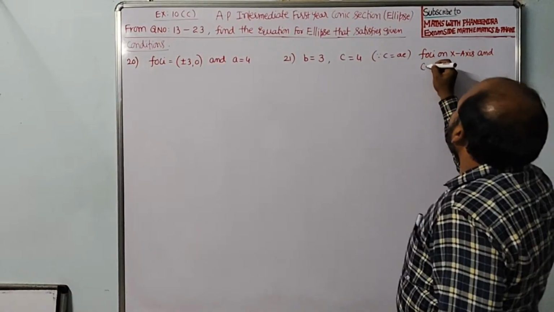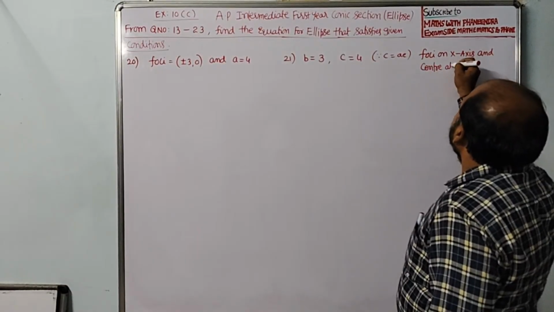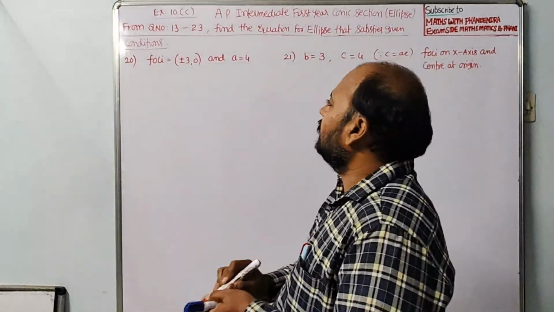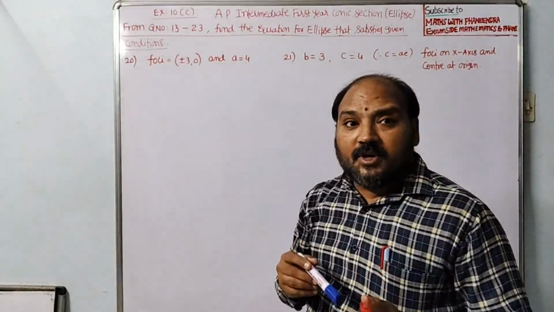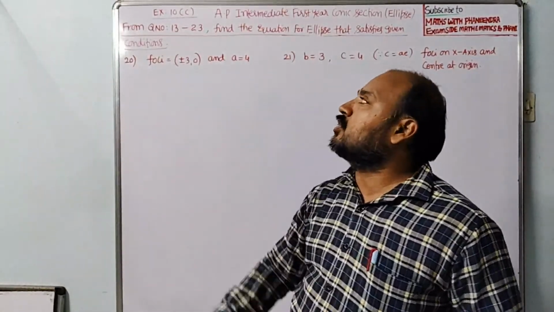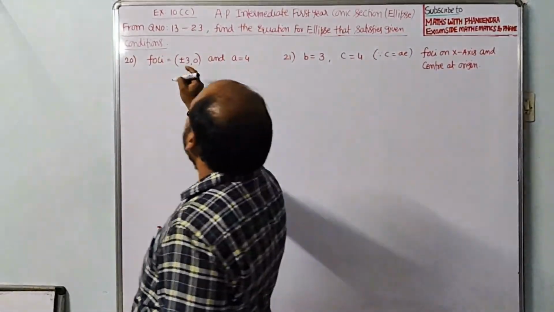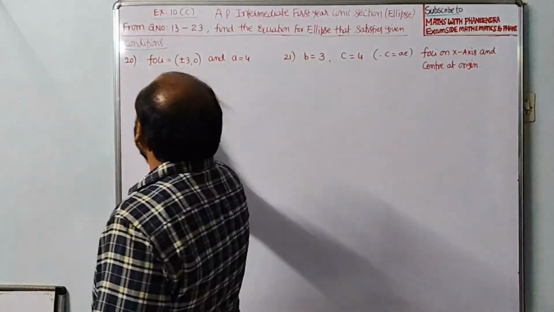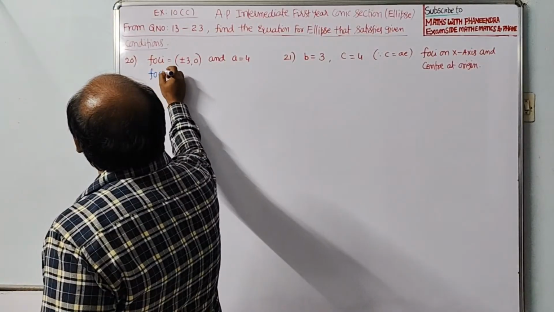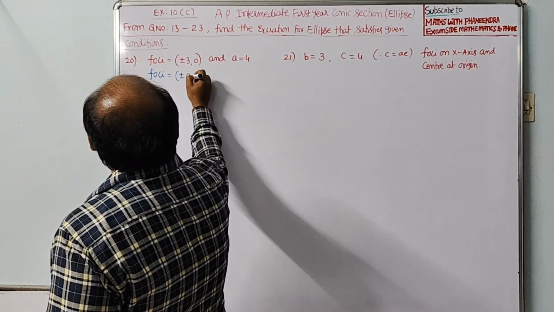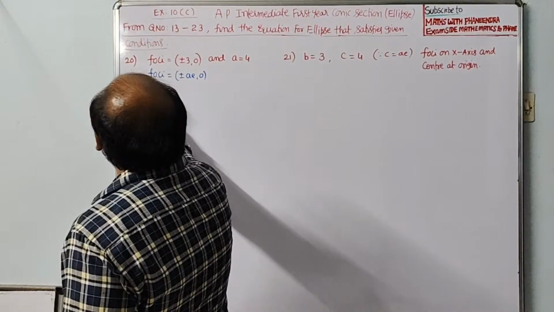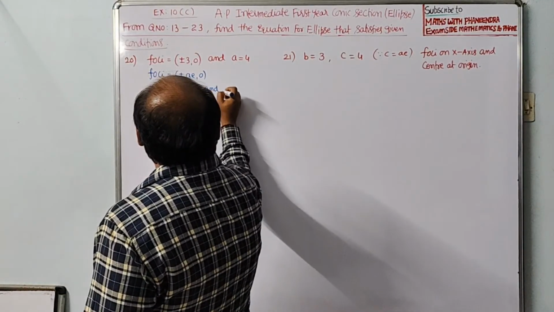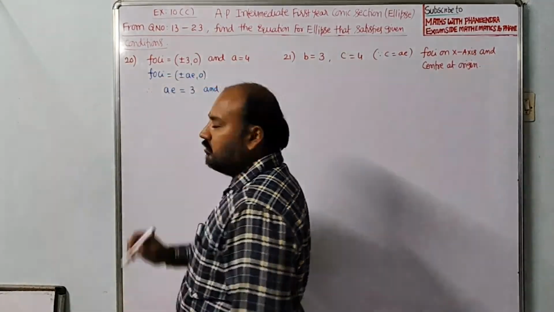So from this we observe that foci coordinates are plus or minus 3 comma 0. So foci lie on x-axis, y coordinate is 0. Foci coordinates compare with plus or minus AE comma 0. Therefore AE is equal to 3 and A value is given as 4.